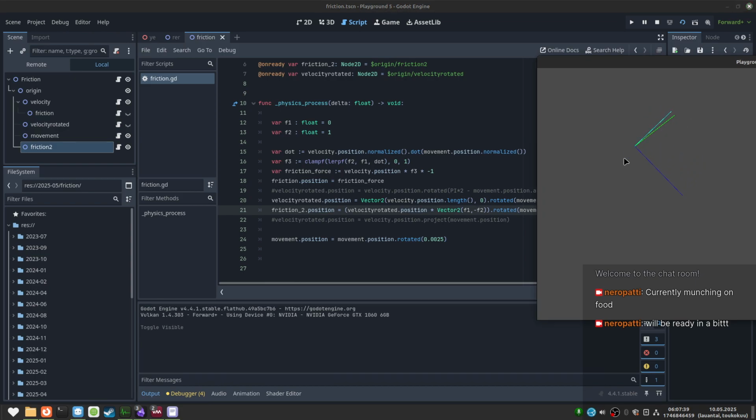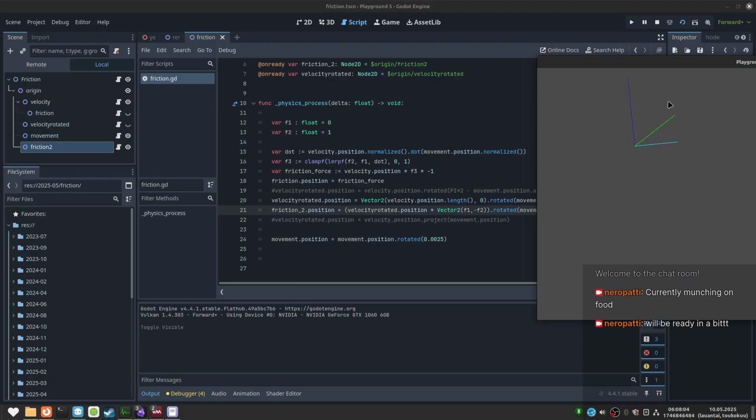When this is a 90-degree angle, the component of the velocity that's pointing away from our movement vector is the velocity vector, right? So that works. And if we're pointing in the opposite direction, then the component pointing perpendicular will be 0.